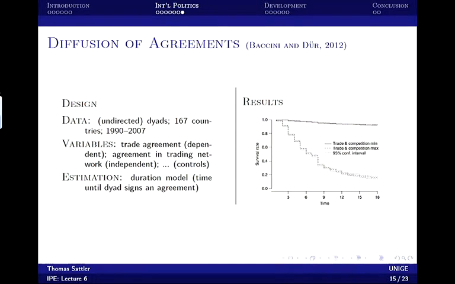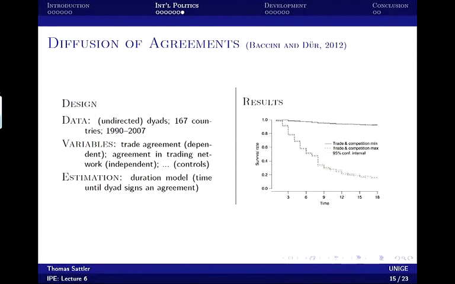So this line and these lines are the probability whether we see a year after this other agreement without an additional trade agreement, right? And this is for if the foreign preferential trade agreement doesn't produce competition.